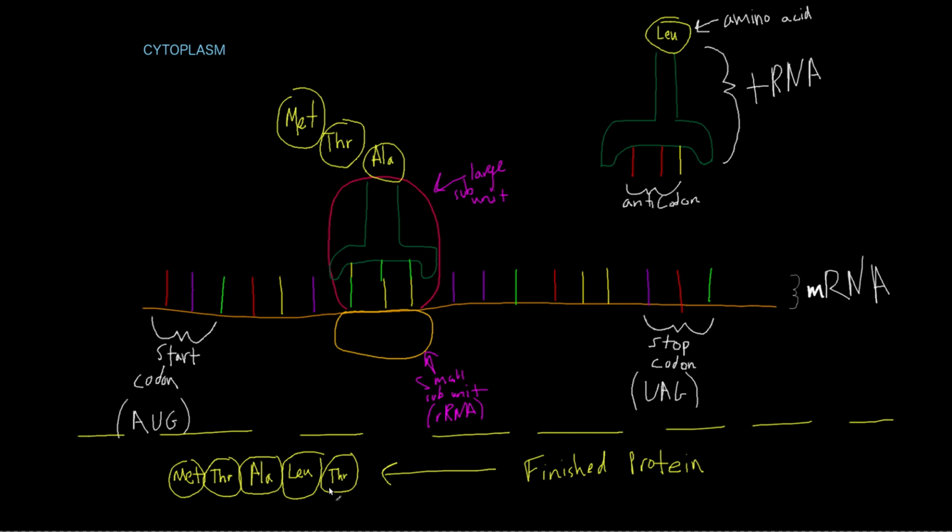So that is the process of transcription and translation, which, again, just to reiterate, is the way that a cell is able to take the information stored in the DNA, turn that into something it can use to make proteins in order to carry out its day-to-day life.